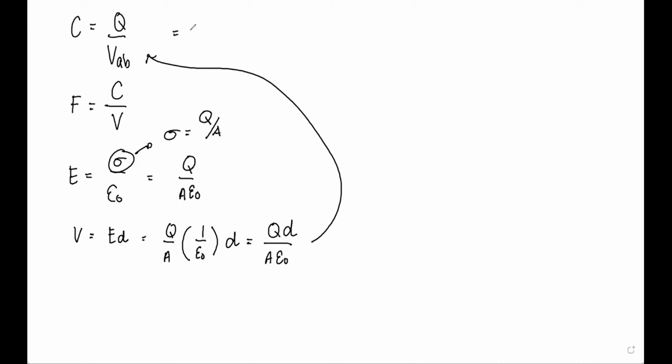From V, I can have another equation here. C is equal to Q divided by QD over A epsilon naught. Simplifying, I will cancel my Q, and I get A epsilon naught divided by D. You're switching positions in this case.